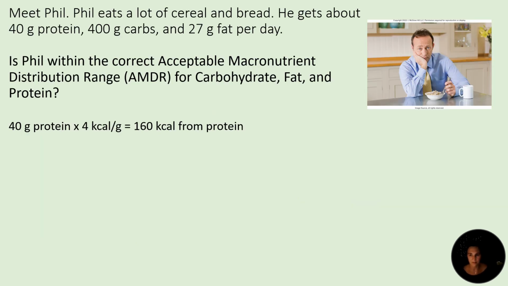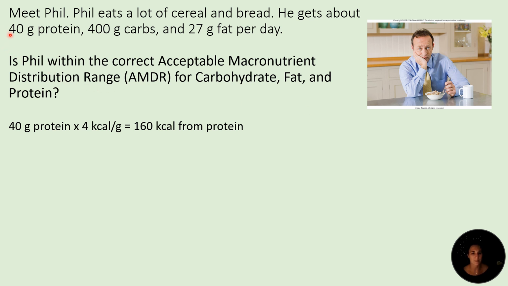Let's look at a specific example. So I have to make fun of your book a little bit because your book uses some very interesting pictures. Okay, so here's Phil. I think they call him something else in your book, but your book has some really interesting photos. So here is Phil, meet Phil. He eats a lot of cereal and bread.